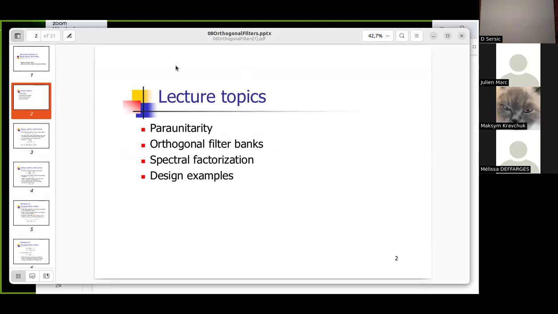So, okay, we learned how to design our filter bank. We started from the upper branch.